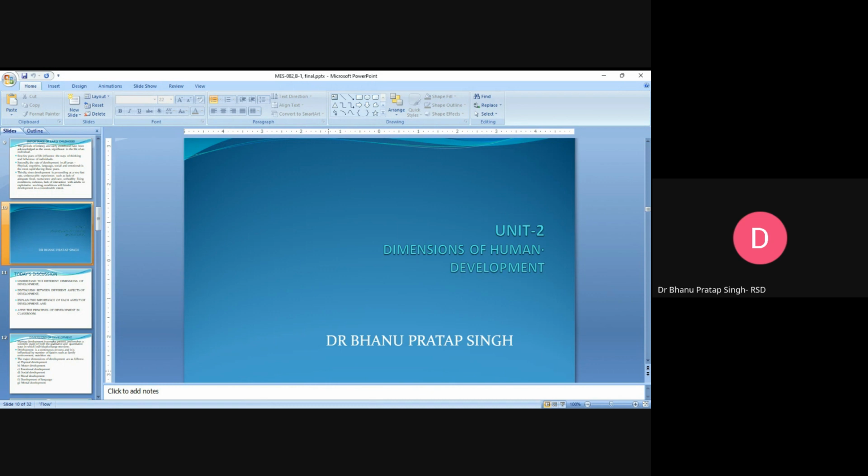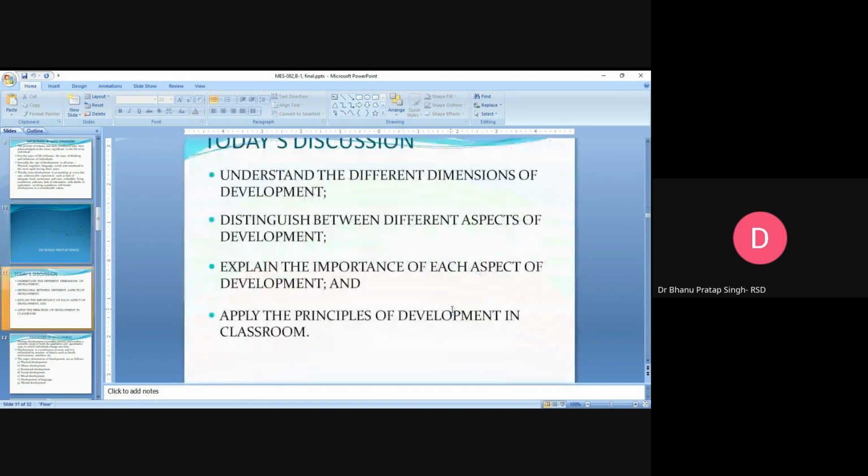Yes. So by knowing the concept of development, we are going to discuss development in humans and what the dimensions of human development are.